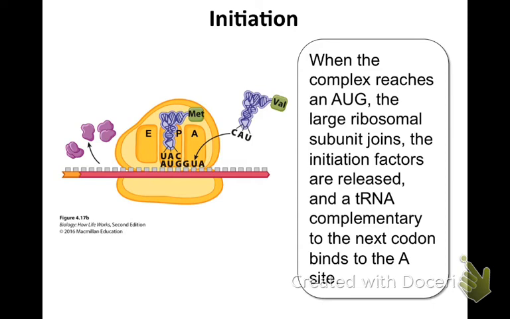The next thing that happens is the ribosome will read the next codon on the messenger RNA and bring in the appropriate tRNA with the appropriate anticodon into the aminoacyl site. Remember, that tRNA is also charged.